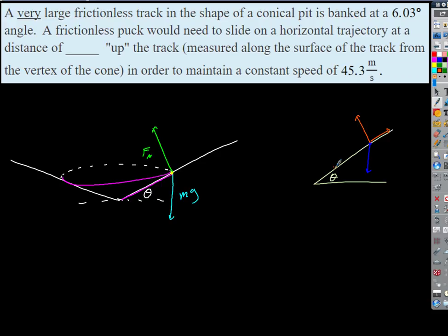The only way it can move in a circle is if it's experiencing centripetal force or acceleration, same thing, within a constant. If it weren't experiencing centripetal force, it wouldn't move in a circle. That's the one ingredient for uniform circular motion: there has to be a source of centripetal force to keep the thing moving in a circle. So here's the circle in which it's moving, and here is the axis if we want to draw.